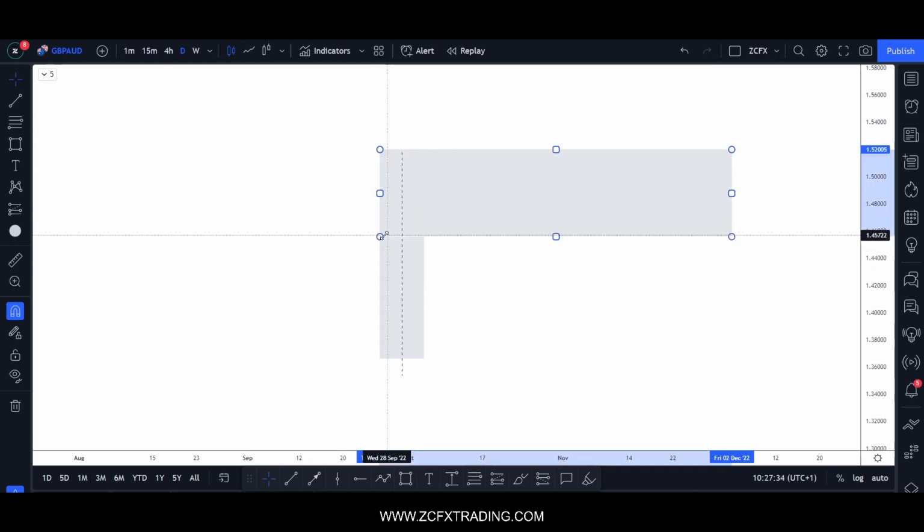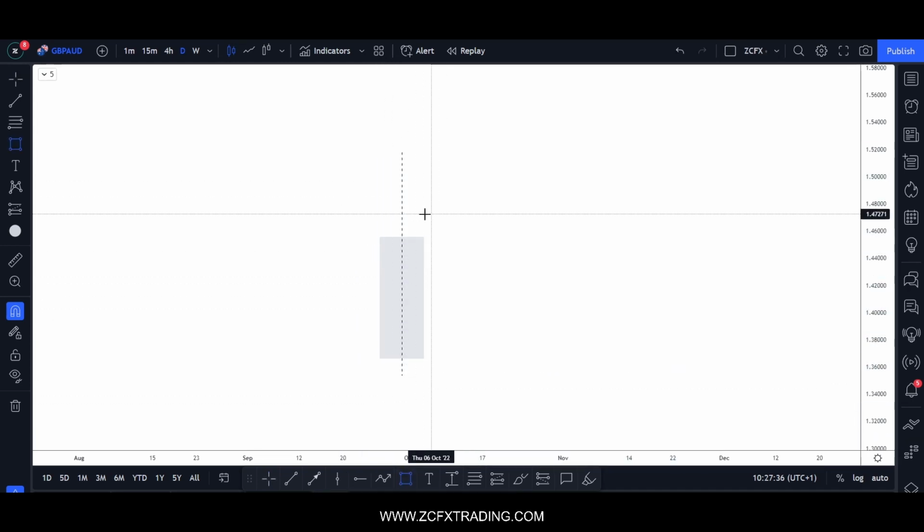So let's say, for example, this is the daily time frame. Usually if we go to the 4-hour time frame within this wick, you'll see a candle in there, and that will usually have a wick in there as well, like that, and that's a nice candle within that.